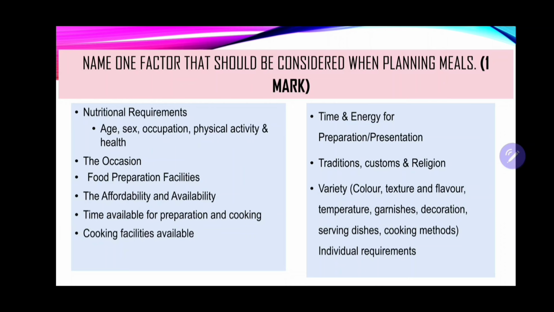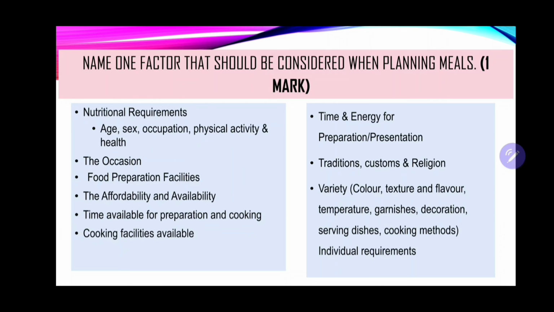You also look at tradition, customs, and religion, and also variety, because you would want variety in color, texture, and flavor, temperature as well, garnishes, decoration, serving of the dishes, and so on. And very importantly, final one on the list is individual requirements, because each age group has different requirements.